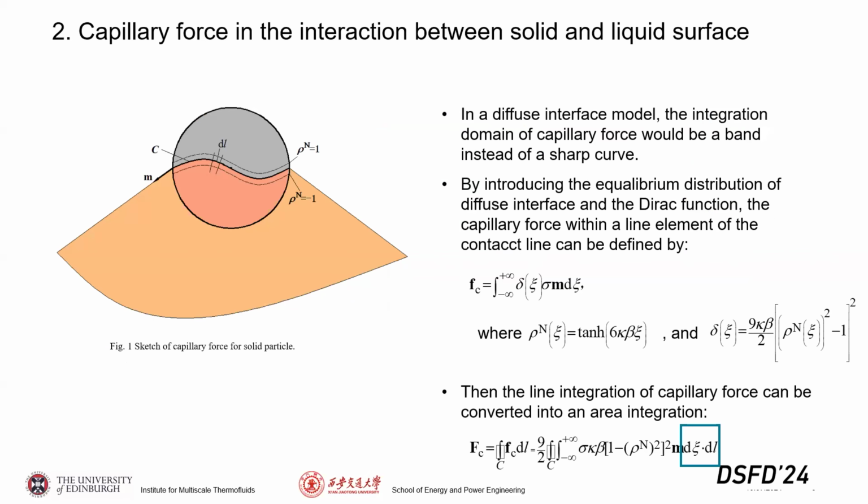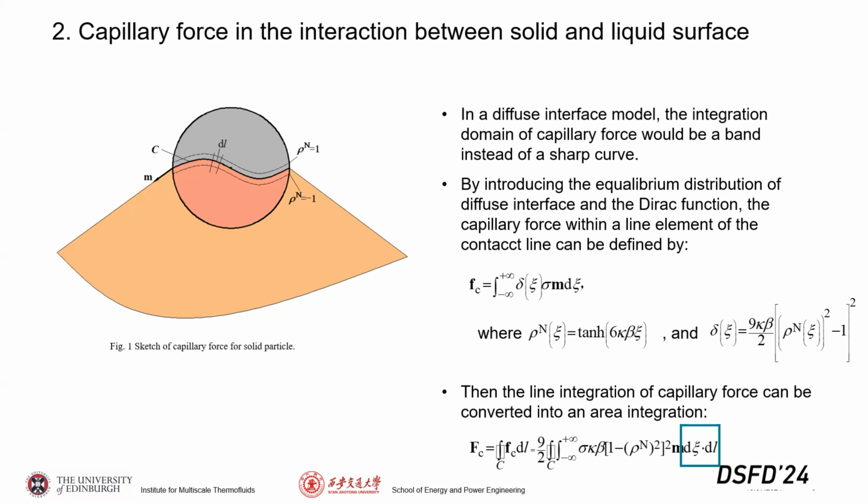But in some lattice Boltzmann multi-phase flow models, like the color gradient model and the phase field model, the interfaces are regarded as diffuse interfaces. That means there are several lattices in the width direction of the interface. So the contact line is no longer a sharp closed curve, but a band. The line integration of the capillary force should therefore be converted into an area integral.